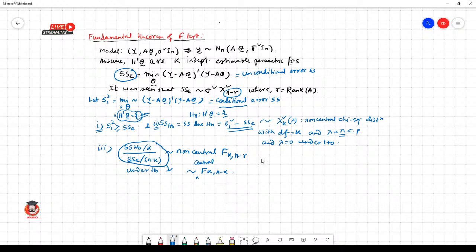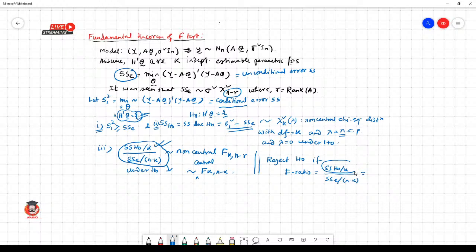And we know we reject H naught if this F ratio, that is SS H naught by k over SSE by n minus r, is greater than F alpha k, n minus r.